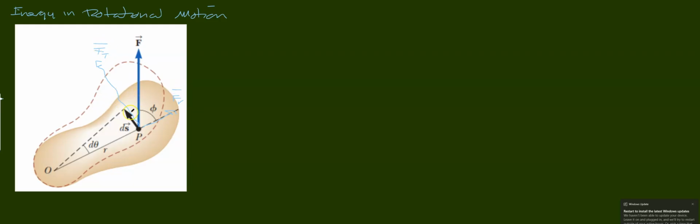Because there is a tangential, look, the radial component does nothing. This thing is fixed around this axis, so it can only rotate, rotational motion. So the radial component of the force does nothing, but the tangential component is actually making this point move. So there is a displacement along the segment of arc here.